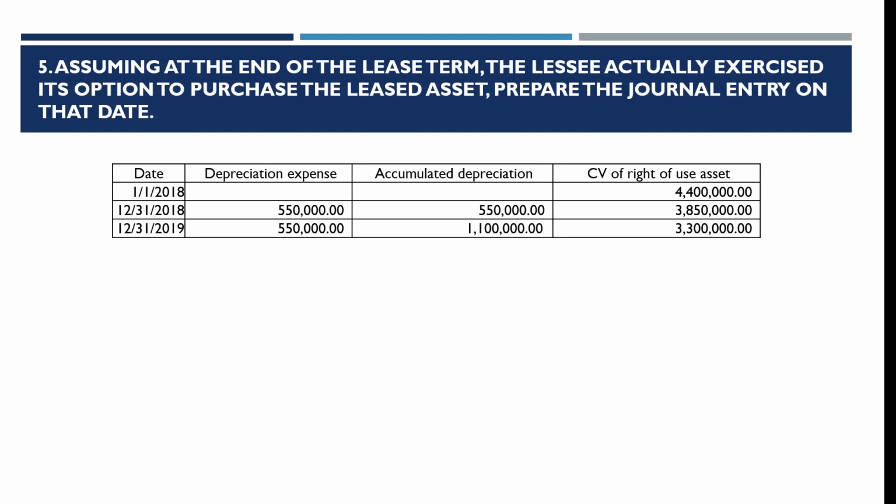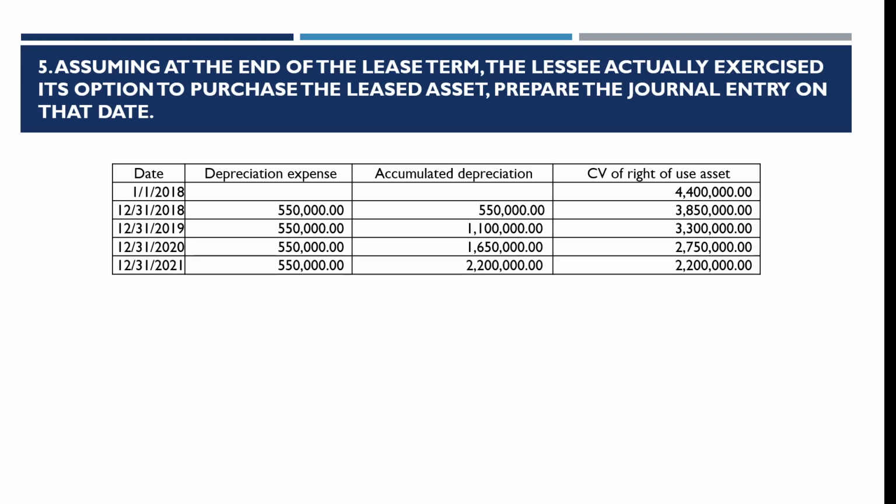Next, second year, lolobo na yung accumulated depreciation natin to 1.1 million. CV, 3,300,000. 2020, 2021, the same procedures, 2022. So, ayan ang CV ng ating lease asset at the end of the lease term.